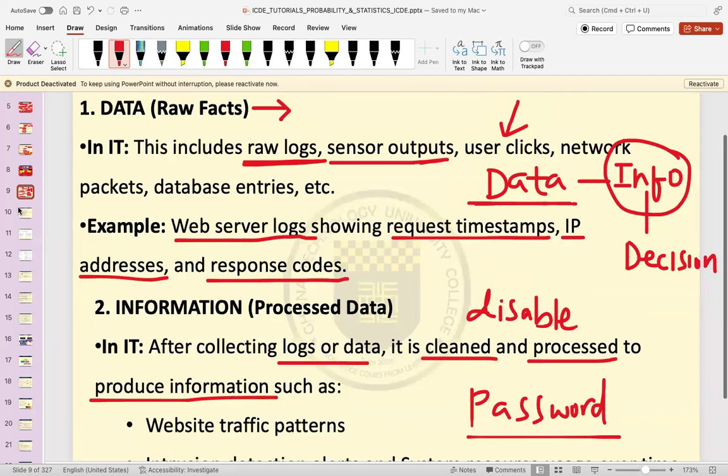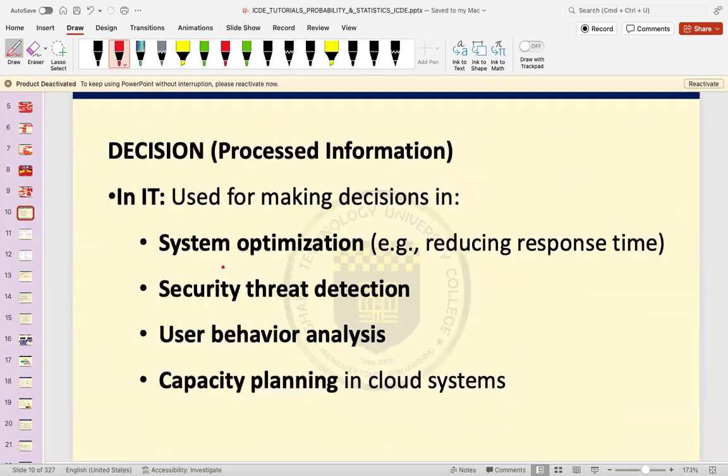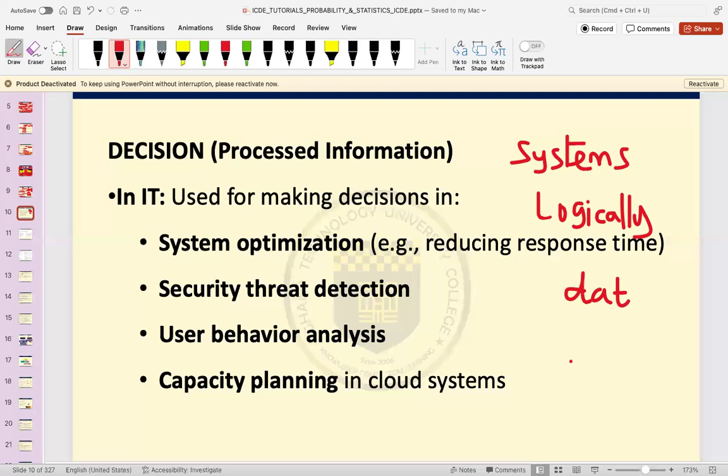What about moving from information to decision? These are some of the decisions that can arise from the information we get. Remember, the systems you are going to build are going to make decisions logically, with the aid of data and information.